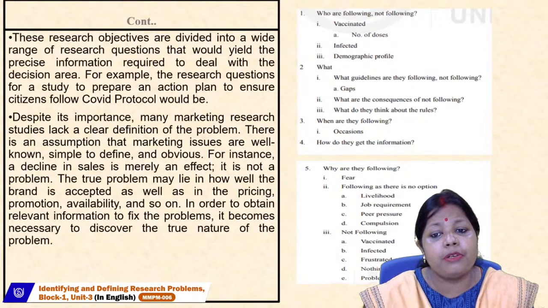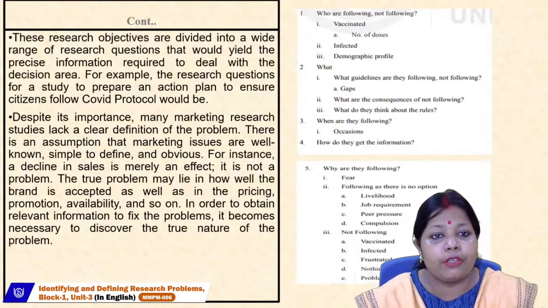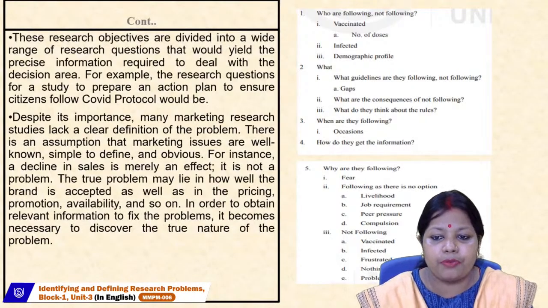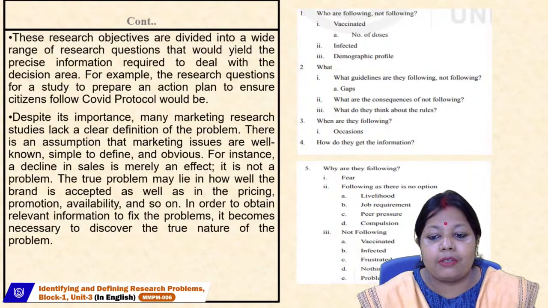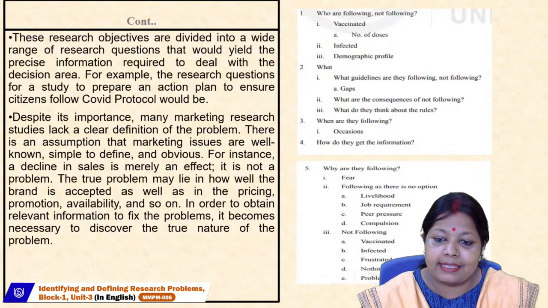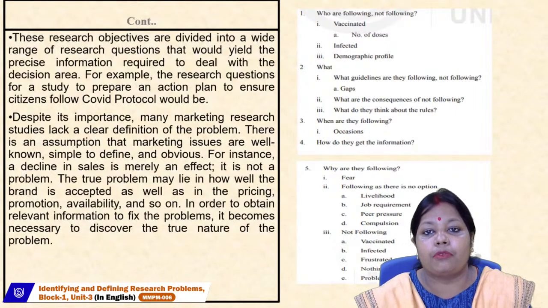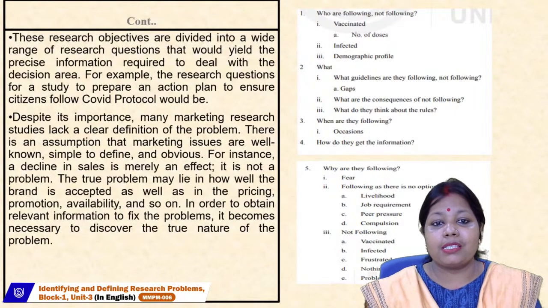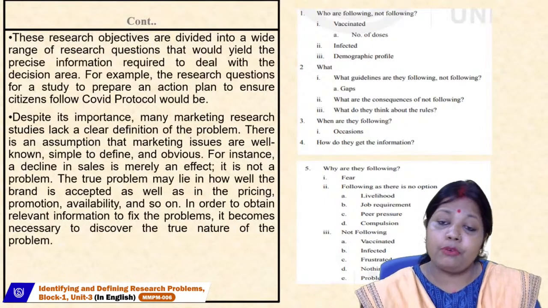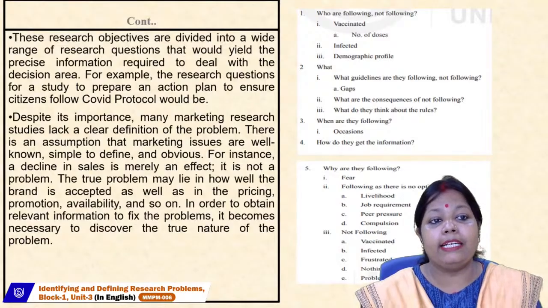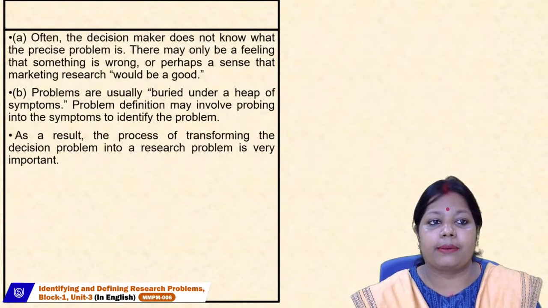Are these options responsible for that? And then, if they are not following, what is the reason why they are not following? For the vaccinated or infected, they may think nothing will happen, or the problem is over. So these are the questions. In that angle, we have to think about the problem. Then only can we clearly define the research problem.